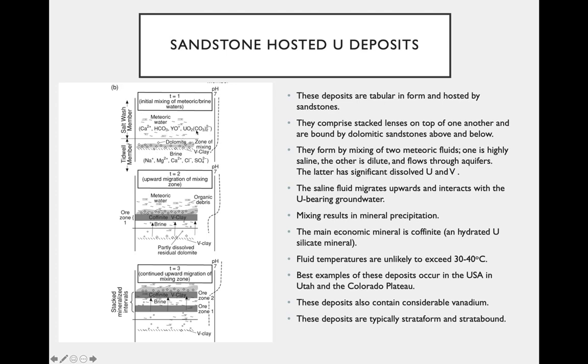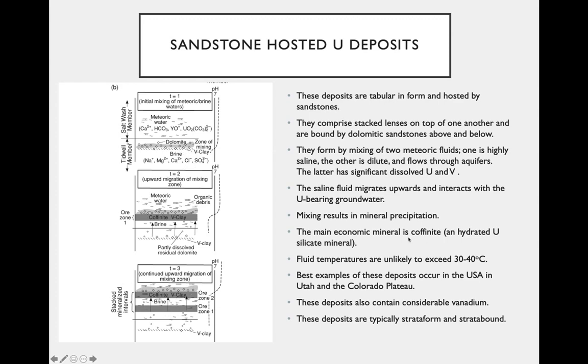So we have oxidized and reduced fluids. So the oxidized fluids might be carrying uranium, and when they mix, they precipitate uranium and things like vanadium. And then progressively the saline aquifer migrates upwards and intersects more of the uranium-bearing groundwater, and we precipitate prominent layers.